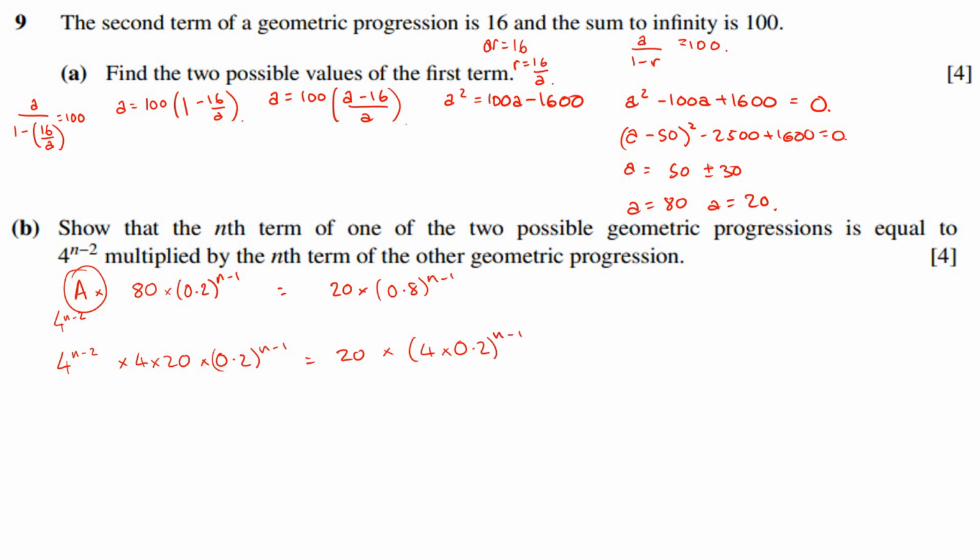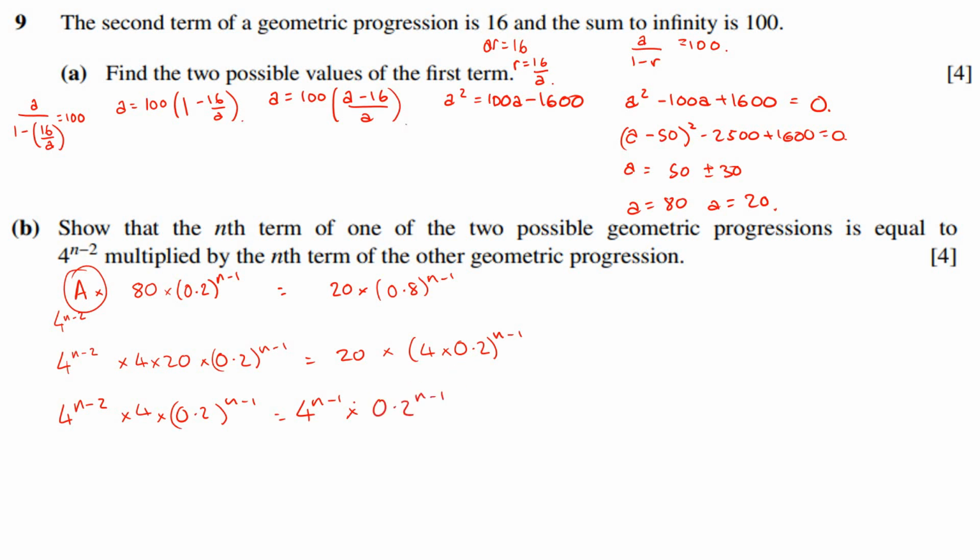Okay, so there's a little bit of messing around going on there. All right, now I can see that the 20s are going to cancel, so I'm going to end up with 4 to the n minus 2 times 4 times 0.2 to the n minus 1 equals 4 to the n minus 1 lots of 0.2 to the n minus 1.